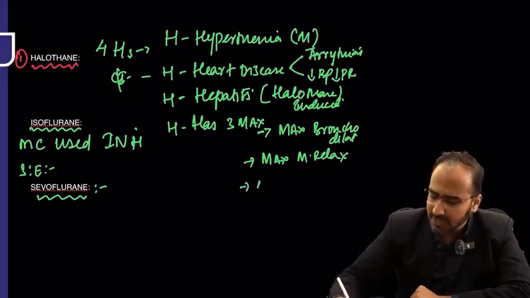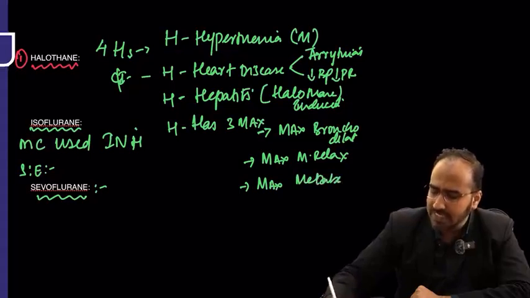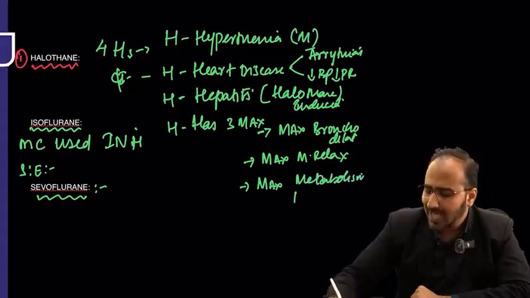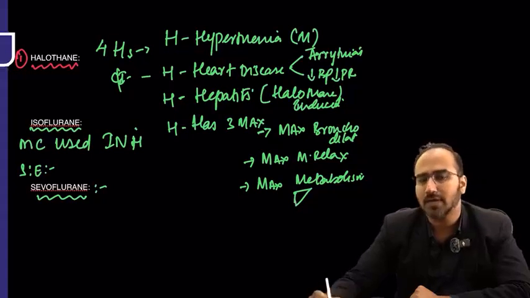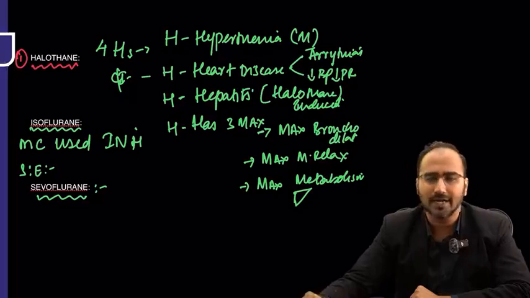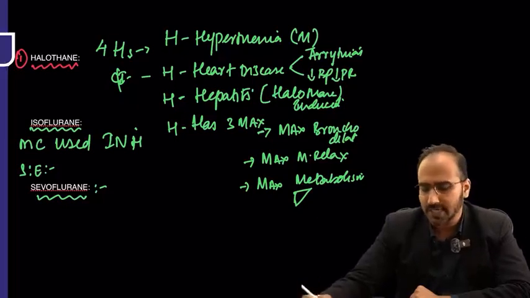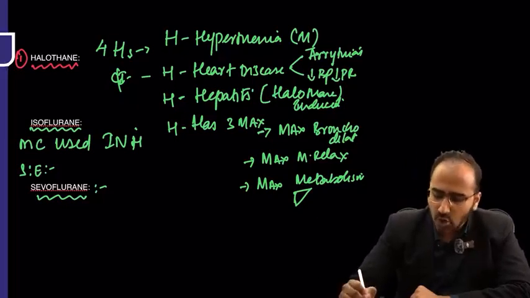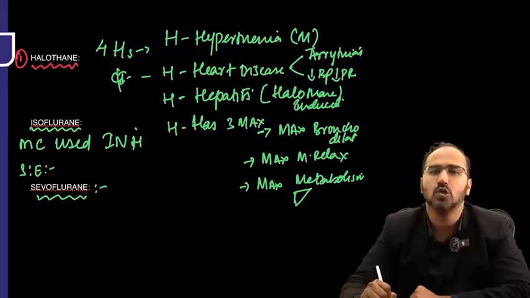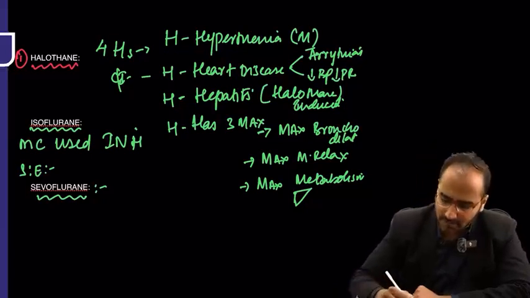And third maximum is maximum metabolism in liver. As it has maximum metabolism in liver, we don't use halothane repeatedly in the same patient. Why? Because it can cause hepatitis. So these 4 H's of halothane we have to remember.